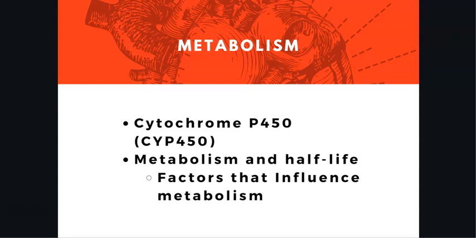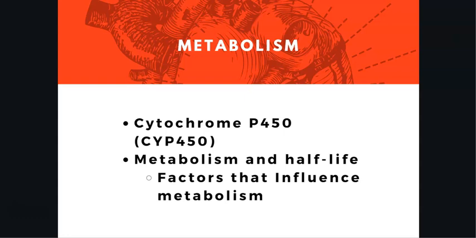You'll need to understand cytochrome P450, or CYP450, because it affects metabolism. The CYP450 is organized into numbered families. You won't need to know all these numbered families; there's no way we can remember all that. But they have the CYP1, the CYP2, and the CYP3. Different factors affect metabolism.